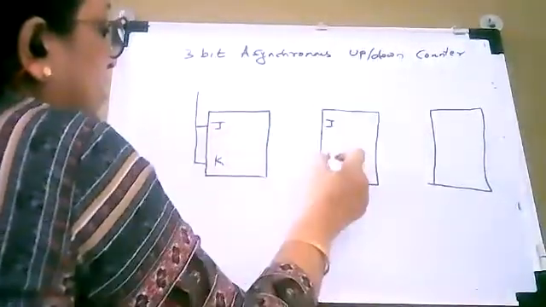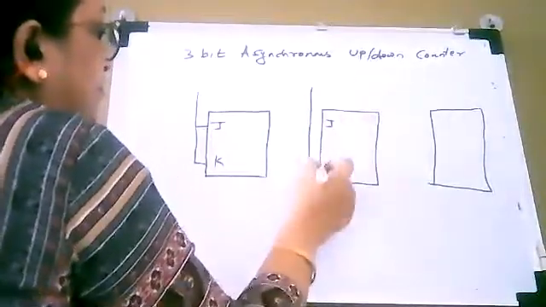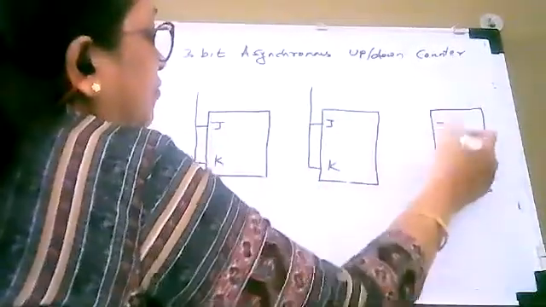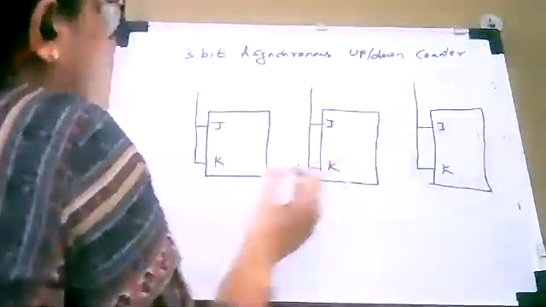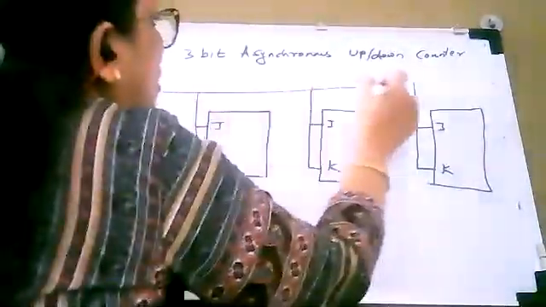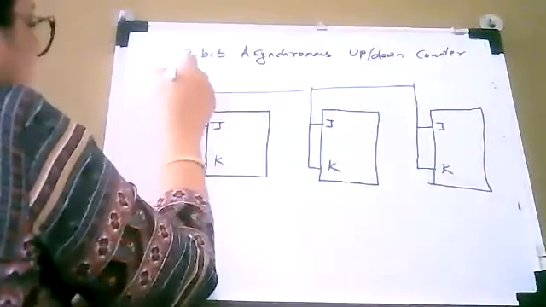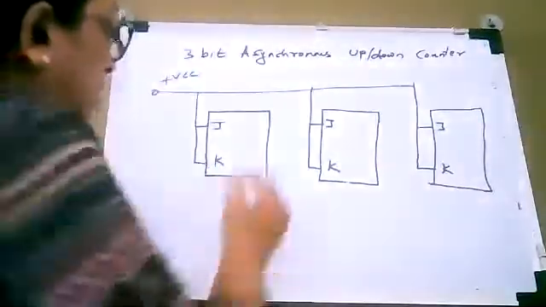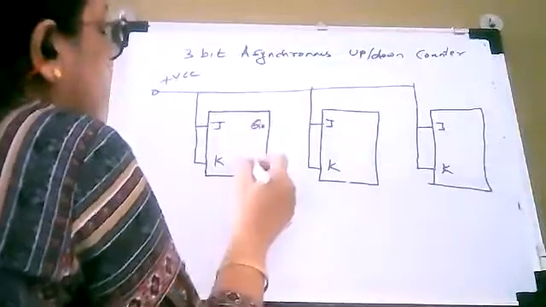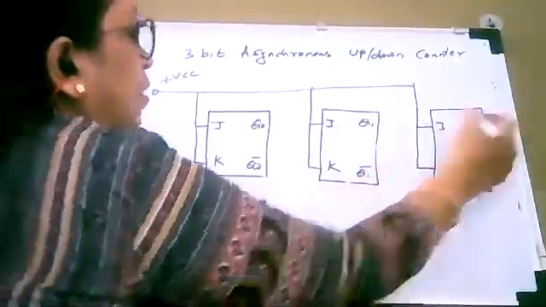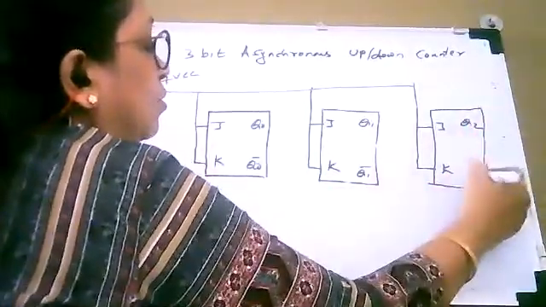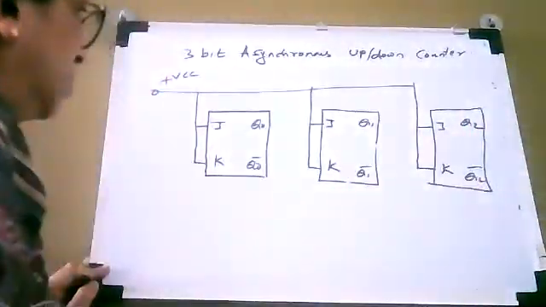Always remember this. All these inputs need to be connected to logic 1. So this is Q0, Q0 bar, Q1, Q1 bar, Q2, Q2 bar.